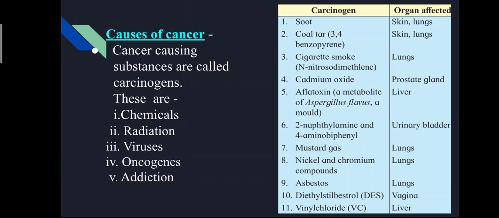See in the table, there are number of different types of carcinogens, that means the cancer causing substances, and the organs affected. That organs affected mostly lungs and liver, major lungs, and other organs also skin, prostate gland, urinary bladders, vagina, etc. That is important.